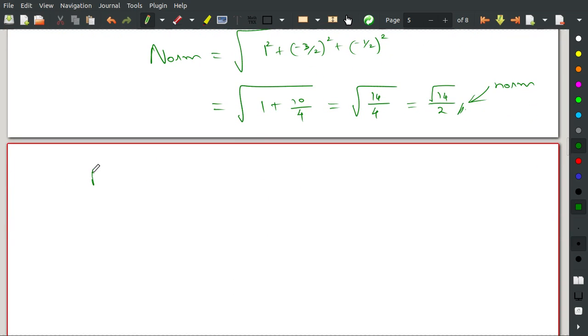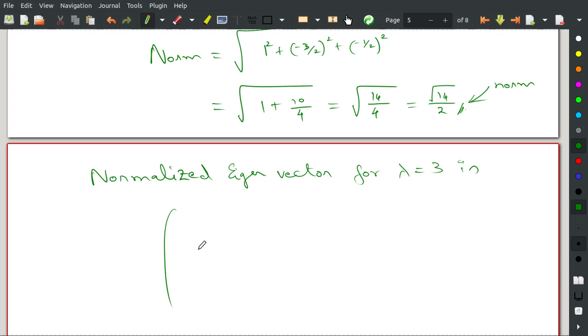So the normalized eigenvector for lambda equals 3 is 1 divided by the norm.